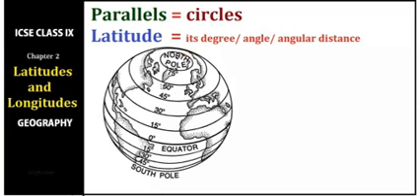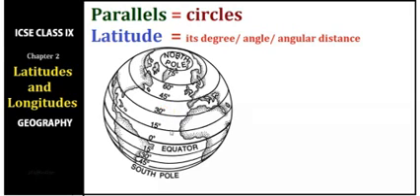Like that, meridians are also semicircles, and meridians' longitudes are also represented with degree or an angular distance that is created with the prime meridian, an angle created from the center of the earth with the prime meridian, that is also longitude.